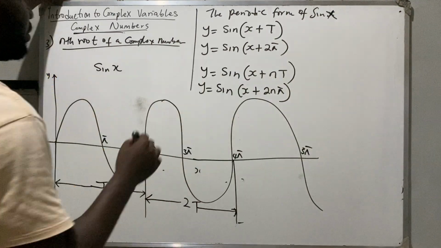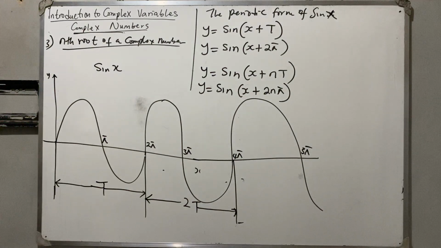Very important. So the periodic form of sine x is sine of x plus 2n pi.